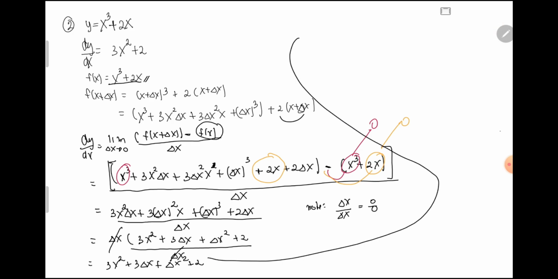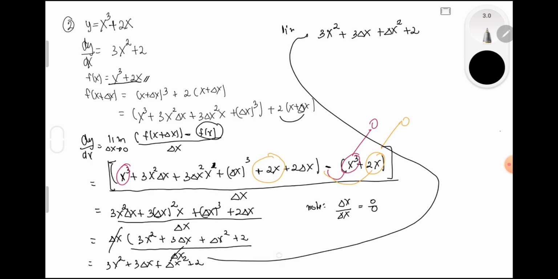So, by further manipulation of the equation, we'll have a value equal to 3x squared plus 3 delta x plus delta x squared, plus 2.